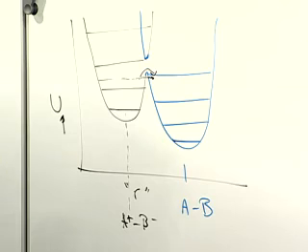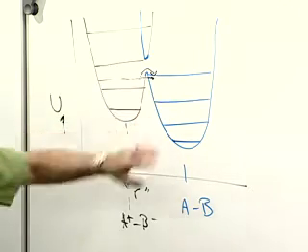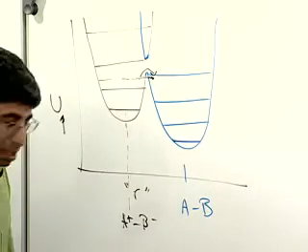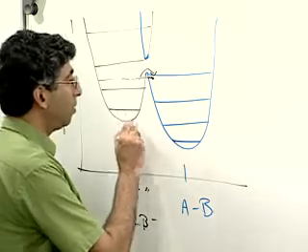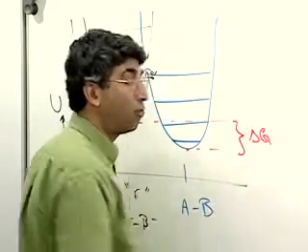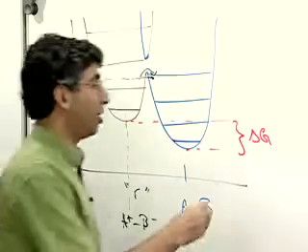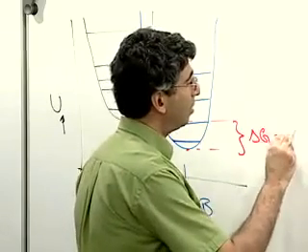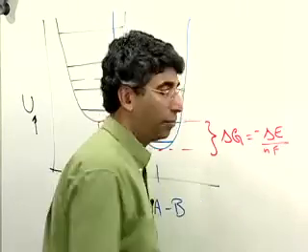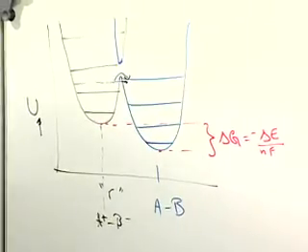And this happens. Okay, now, you'll notice these two parabolas are not at the same zero points, and that difference in energy between the zero points of these parabolas is just the free energy for the reaction, which, within a few constants, is the change in potential for the reaction.